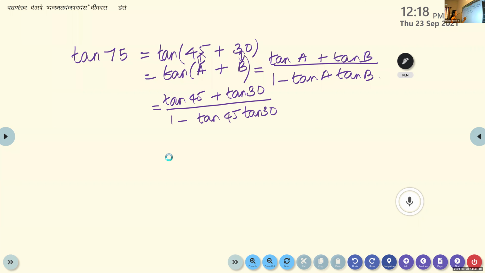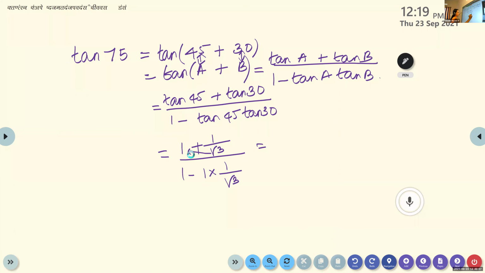What is the value of tan 45? 1. Tan 30? 1 by root 3. So 1 plus 1 by root 3 by 1 minus 1 by root 3. Now take the LCM in the numerator.